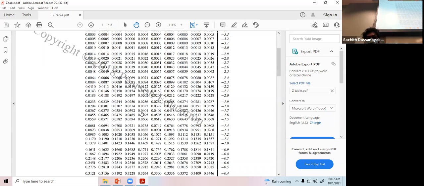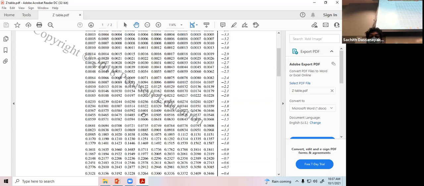If I consider the first one, the gap between my value and this value is something like 0.0008. What about the next one? The gap between my value and this value is 0.0001.